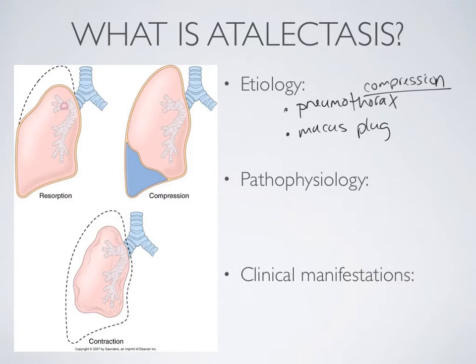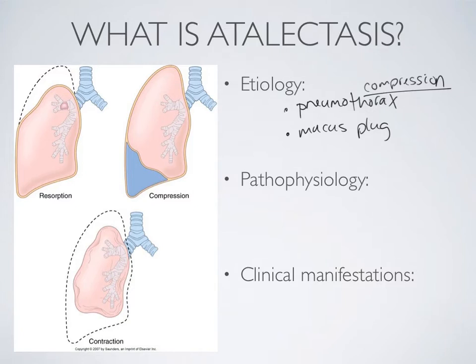Yeah, of course. Okay, so we've talked about compression atelectasis, we've talked about resorption atelectasis, and then the third type is called contraction atelectasis. So this occurs where there's something in the lung tissue itself that won't allow it to expand.